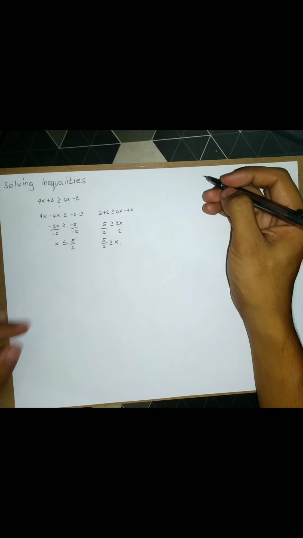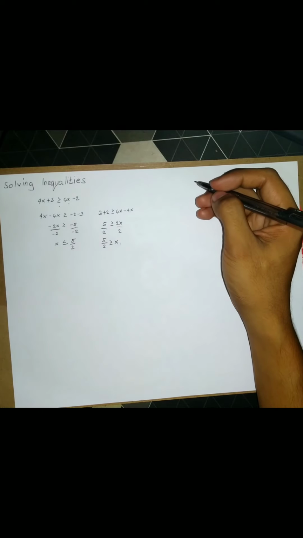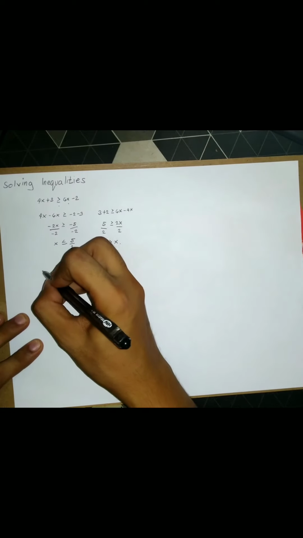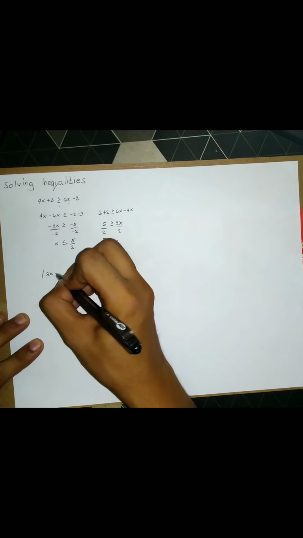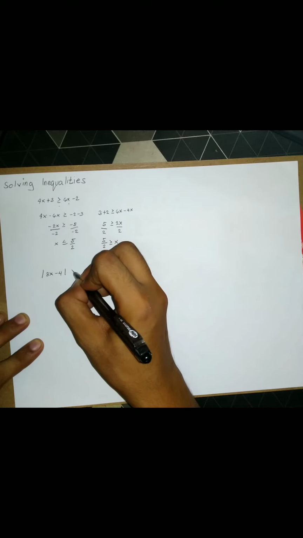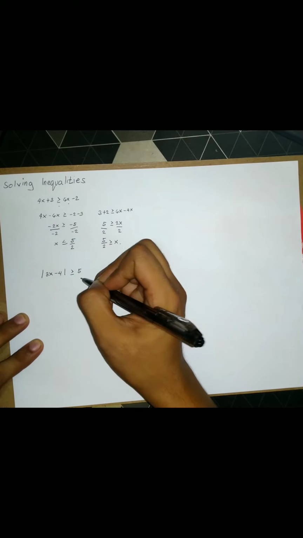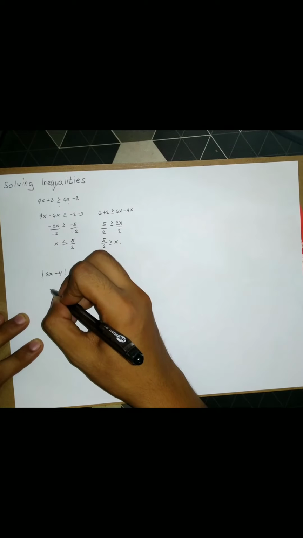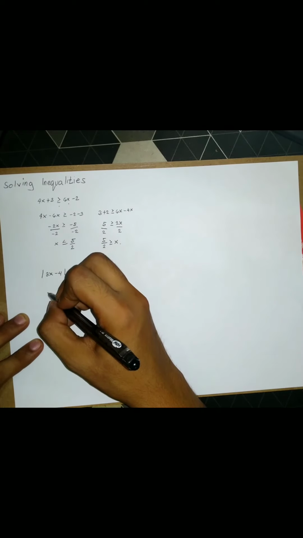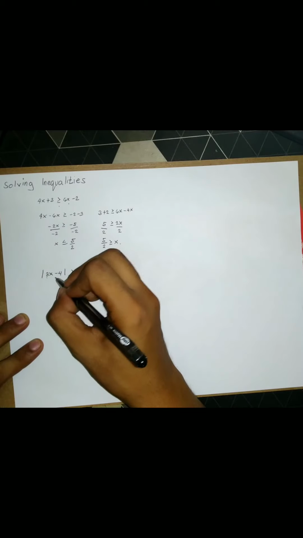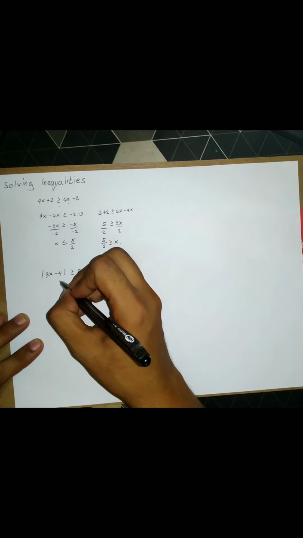Now, what if you are dealing with absolute values? So let's just say we have the absolute value of 3x minus 4 is greater than or equal to 5. Again, take note that the expression inside the absolute value is either greater than or equal to 0 or less than 0.